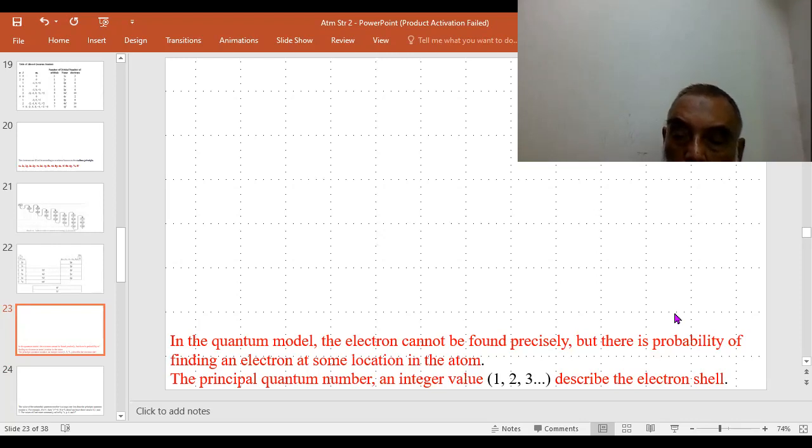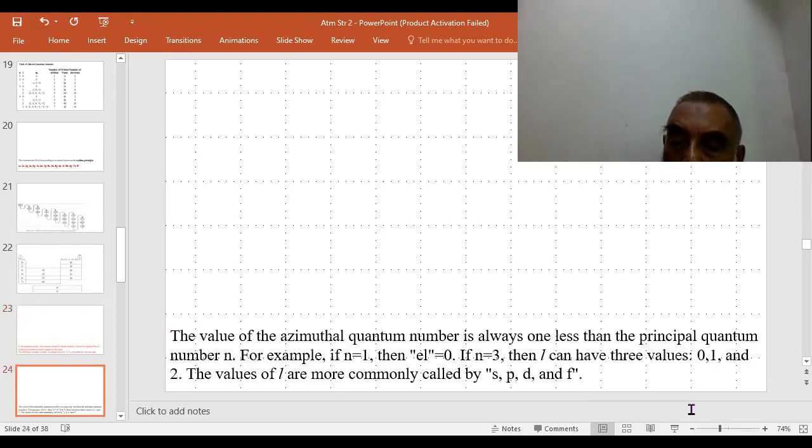It describes the electron shell, the energy level in each shell. The value of the azimuthal quantum number is always 1 less than the principal quantum number. If n is equal to 1, then l is 0. If n is equal to 3, then l must be one less.